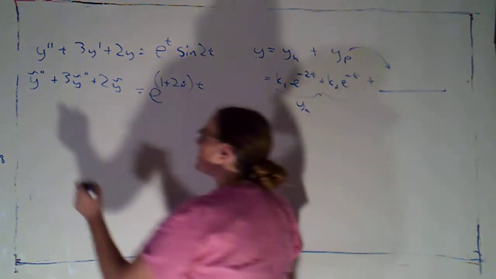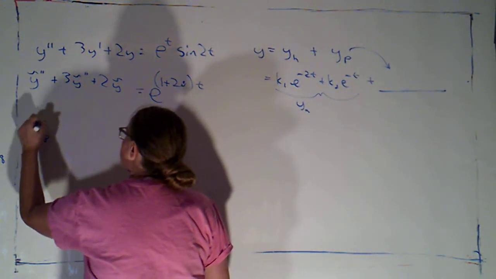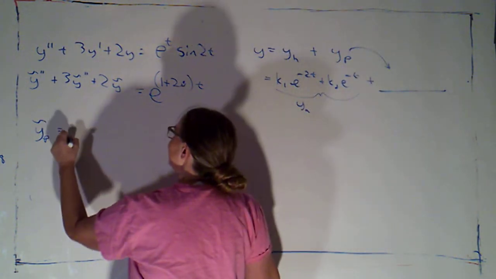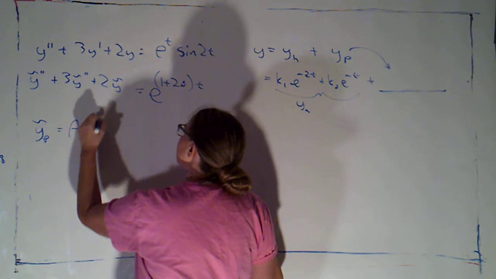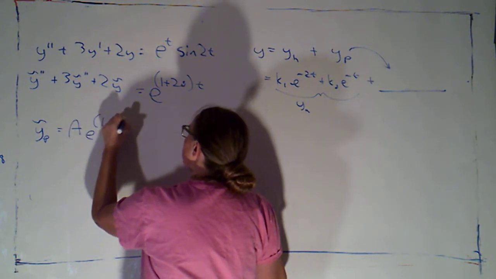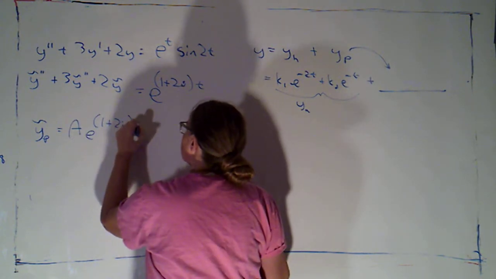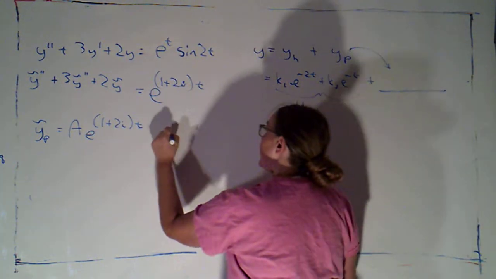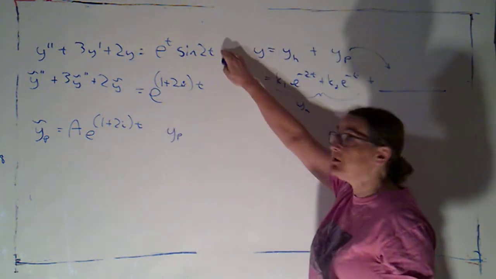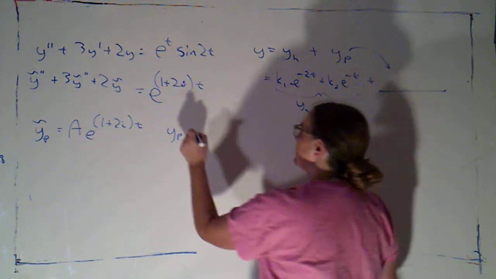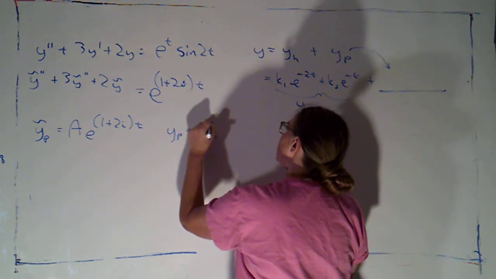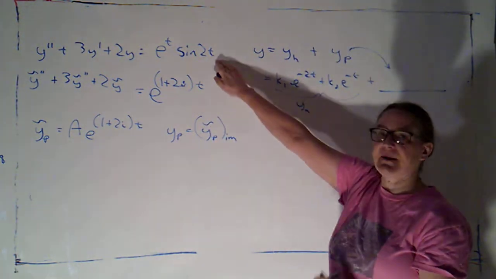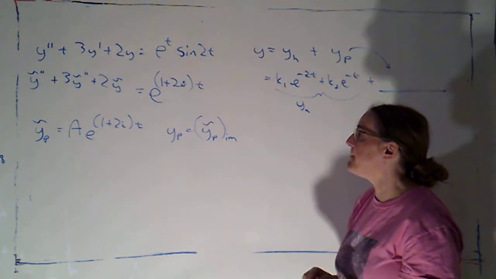Okay, so I'm going to guess that a particular solution to my complexified equation is a copies of e to the (1 plus 2i) times t, times t. And I know that my particular solution to the real valued equation is going to be the imaginary part of yp tilde, because I'm getting the sines, which are part of the imaginary part.